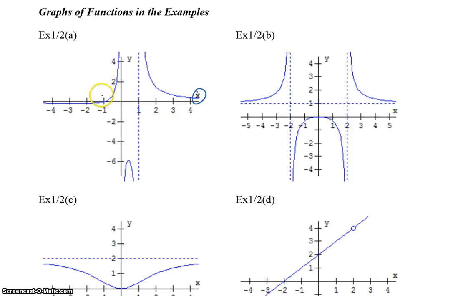Notice, by the way, that the graph actually crosses the horizontal asymptote at x equals negative 1 before it starts to return to getting closer and closer to the asymptote as you go further and further to the left. So while it's impossible for a graph to cross a vertical asymptote, it can cross a horizontal asymptote, and that's exactly what happens with this particular example.